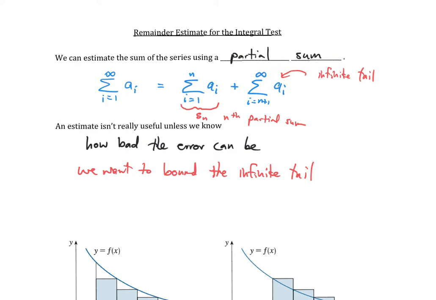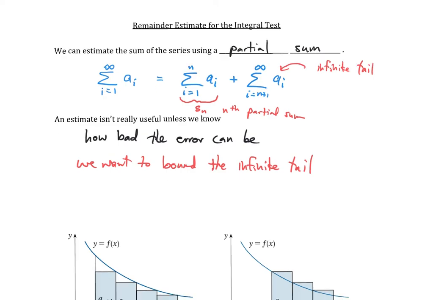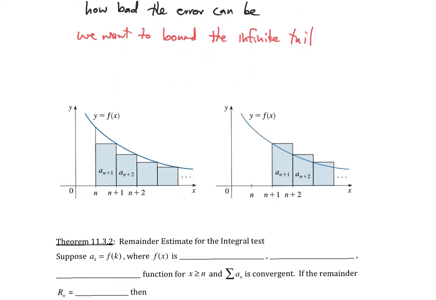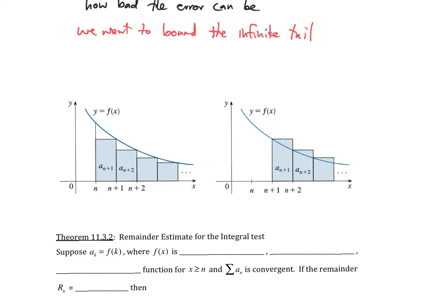Okay, so let's take a look at a couple of pictures. If we look at this picture on the left side over here, these boxes represent the infinite tail. And then we try to approximate that error by calculating an integral.